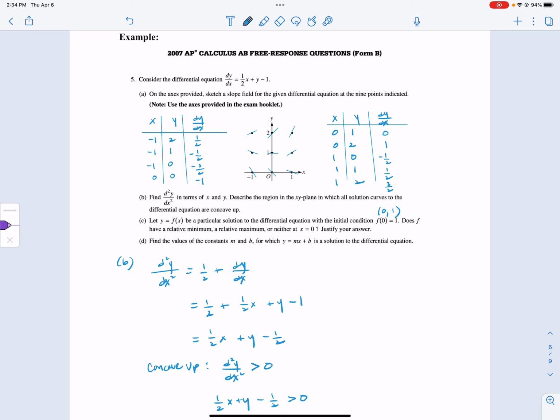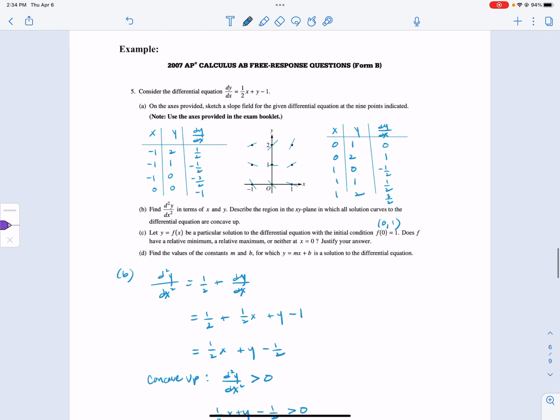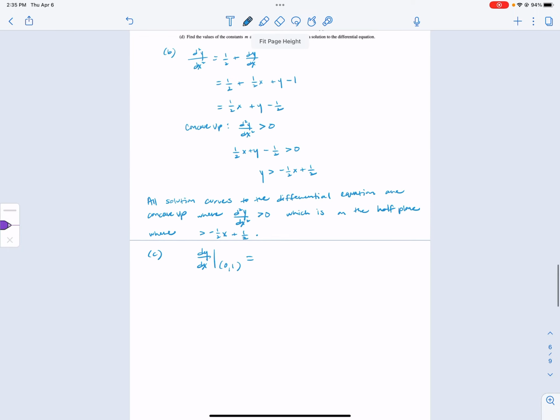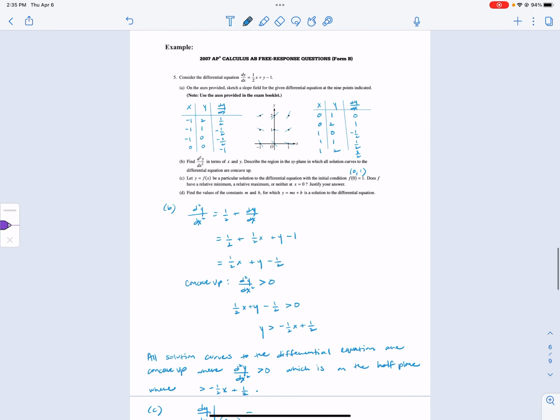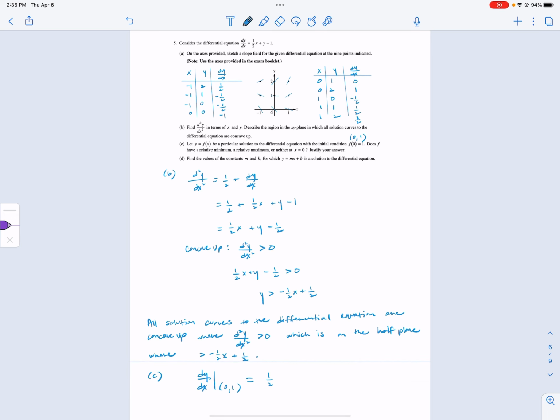So let's see what happens. First off, we need to see whether dy over dx is equal to 0 at that point. This is at (0, 1). Let's see, dy over dx would be 1/2 times 0 plus 0 minus 1.